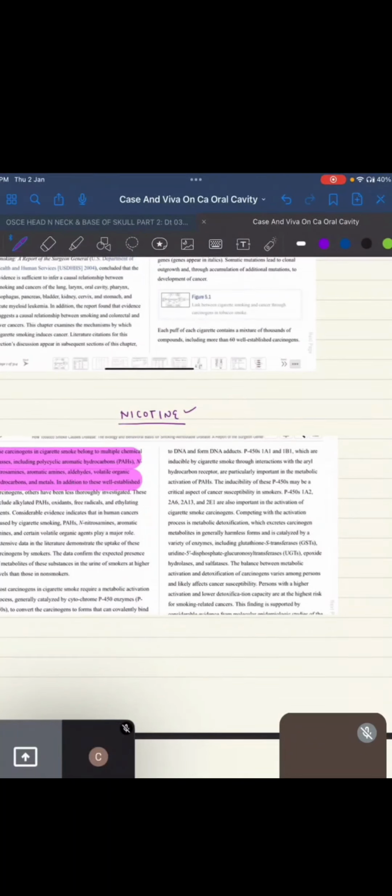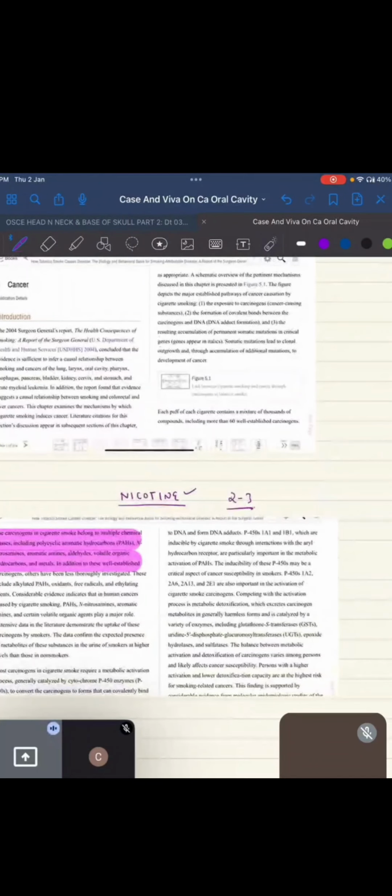Okay. So first speak nicotine, and supplemented by nicotine, in the same breath, in the same sentence, please mention at least 2 to 3 of these other smaller items so that the examiner knows, yes, this guy has read about smoking. And if you are interested, this is the pathway of cancer which is associated. This is more of a theoretical point of view of how cancer is caused.